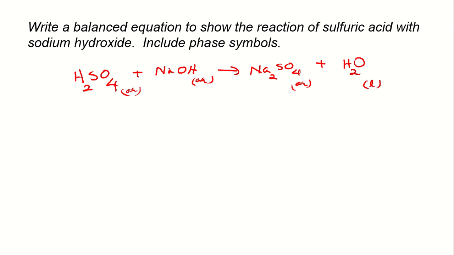Sodium hydroxide. Sodium is group 1. So if sodium is sitting with anything, those substances are water soluble. So you can put aq. Your products. Since this is an acid-base reaction, it is a double displacement. So sodium will exchange the partner. Sodium is going to combine with sulfate, now making sodium sulfate.